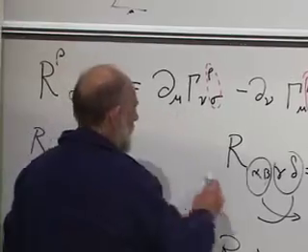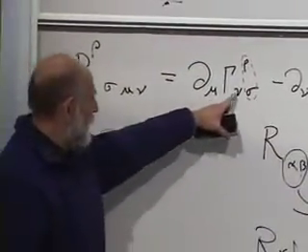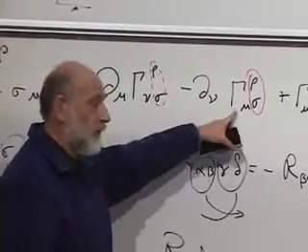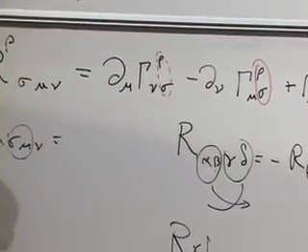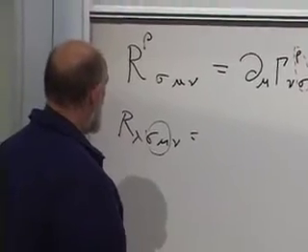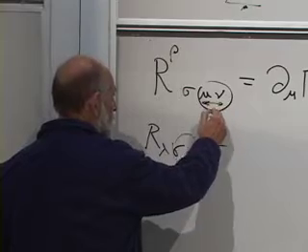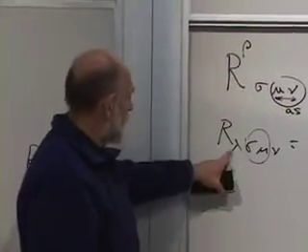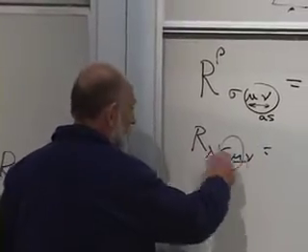This is antisymmetric under interchange of mu and nu. If I interchange mu and nu here, these two will be the same except for a minus sign. So it's antisymmetric under mu nu interchange. It's also antisymmetric under lambda sigma interchange, that I know for a fact.